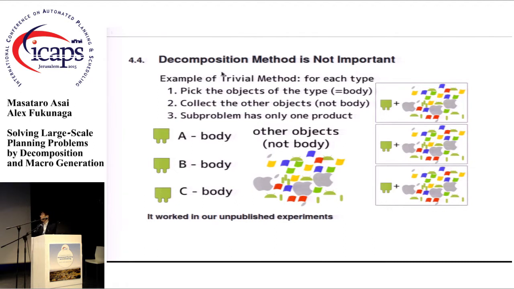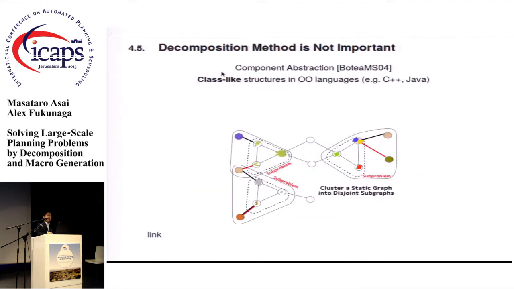It worked in this unpublished experiment, so it's not in our paper. In our actual publication, we used the component abstraction method in Botea et al. This finds a class-like structure in the problem definition, where by class I mean those in object-oriented languages like C++ or Java.